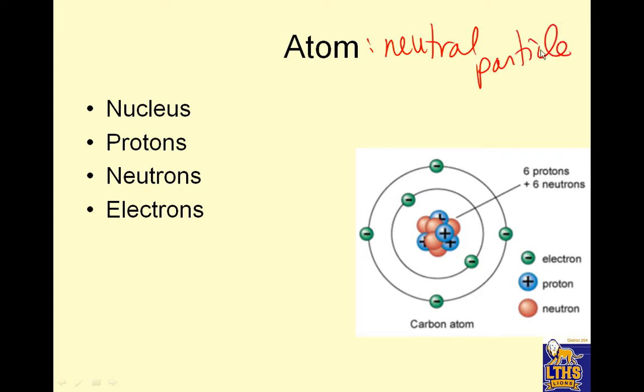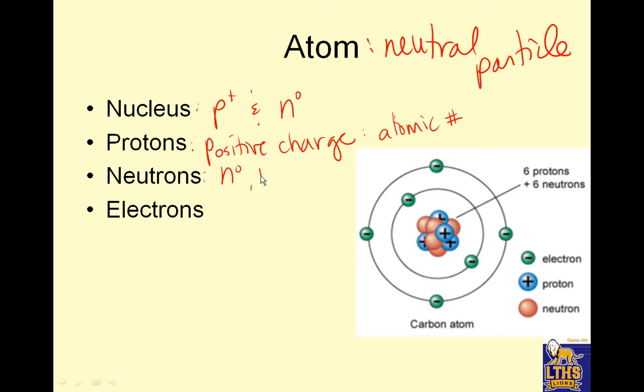So an atom is a neutral particle. That's why we're listening to Particle Man. In the nucleus, there are protons and neutrons, and that's the heavy part of an atom. Protons, positive charge, and that is the atomic number of the atom. Neutrons, neutral, in the nucleus, also give the atom its mass. Electrons, negative charge.